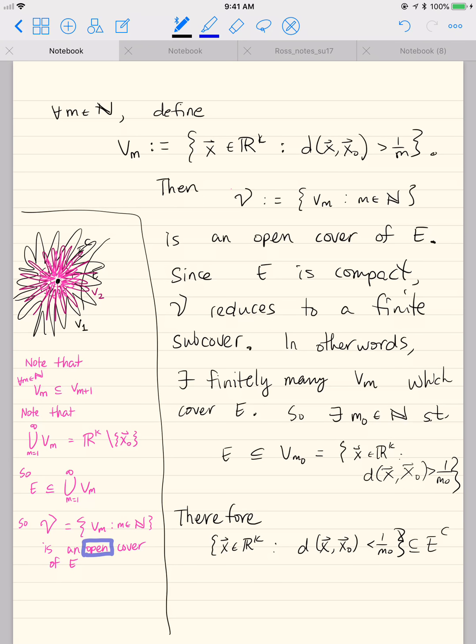So every point in this set can't be in E, i.e., every point in here belongs to the complement of E, because if you had a point in here, that point can't be in E, since every point in E has a distance from x naught that's larger than 1 over m naught.